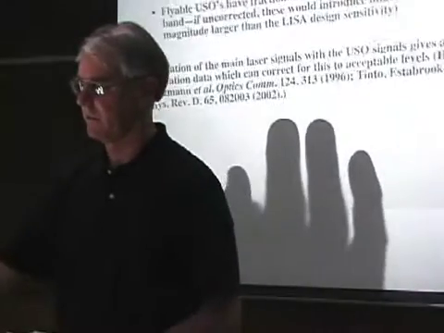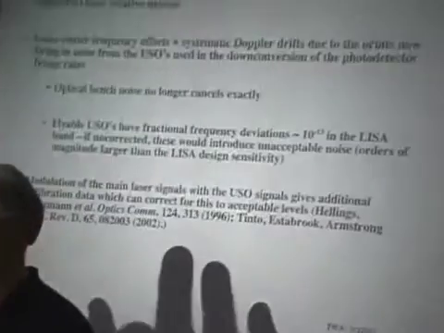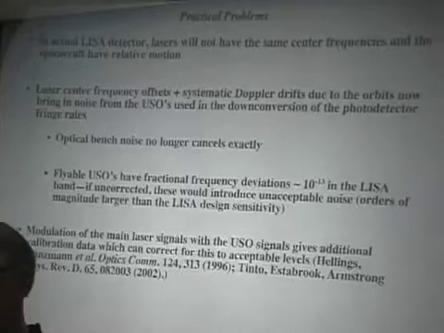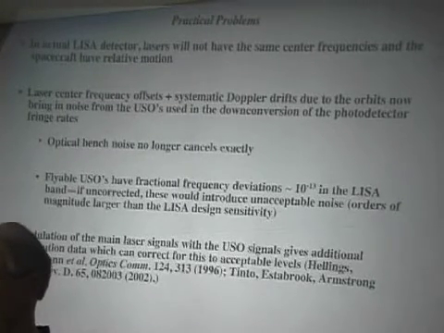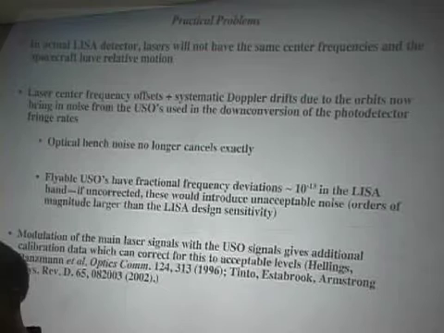Okay, there are, of course, problems. The actual LISA detector will necessarily have lasers that do not have the same center frequency, and there will also be Doppler shifts. A consequence of that is that the optical bench noise no longer cancels.